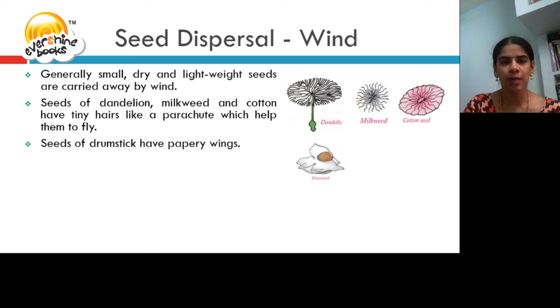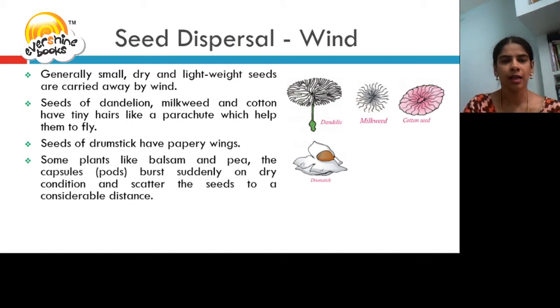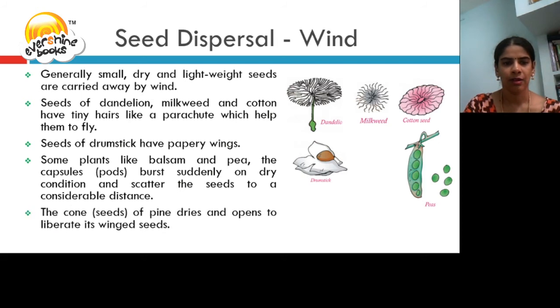Seeds of drumstick have papery wings. In some plants like balsam and pea, the capsules, that is the pods, burst suddenly in dry conditions and scatter the seeds to a considerable distance. The cone of pine gets dried and opens to liberate its winged seeds.